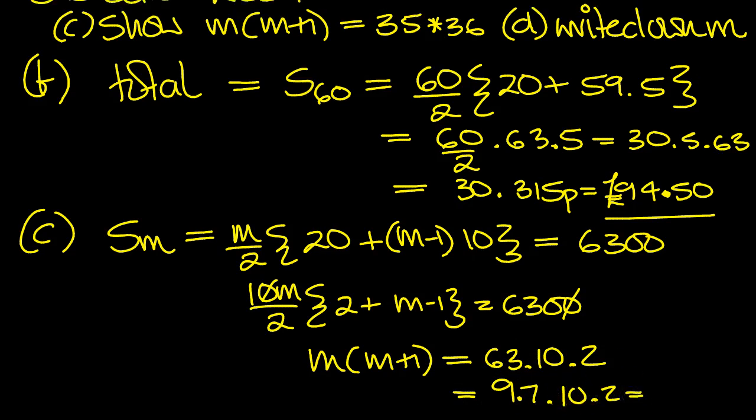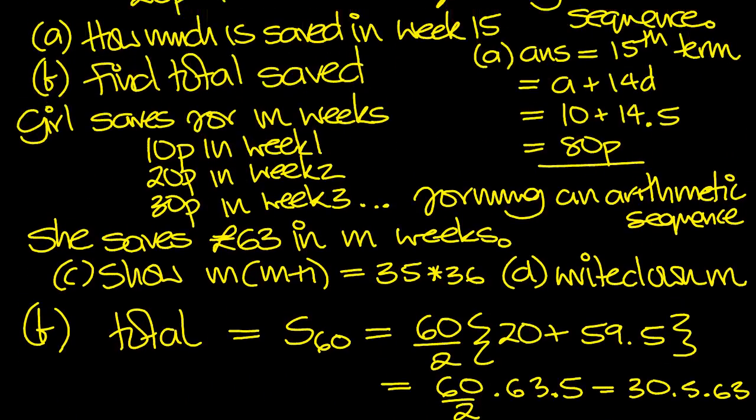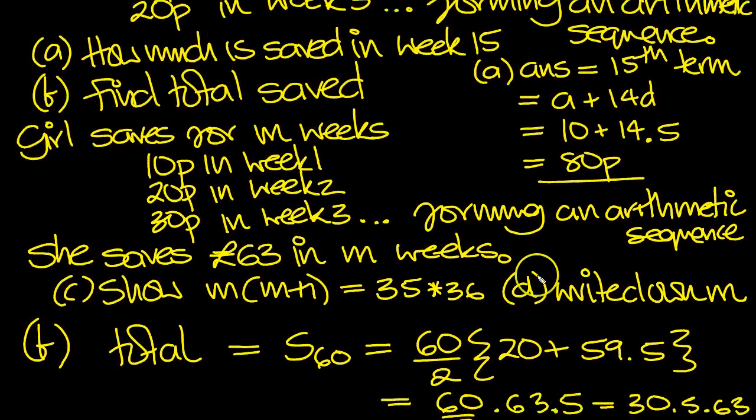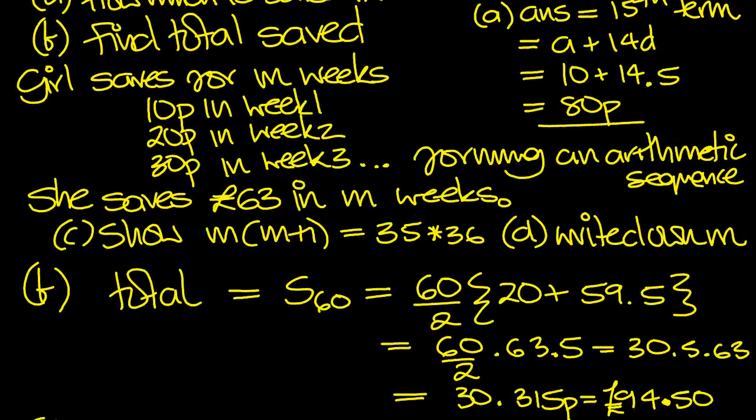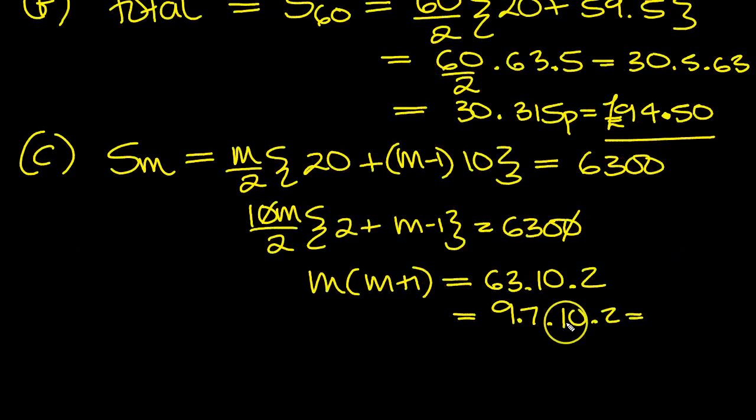Now we can divide this out into the form we want. We need to show 35 times 36, so we need a 7 and a 5, which is 35. There's still a 2 left here, so 2 2s are 4, 9 4s are 36. So that's fine.